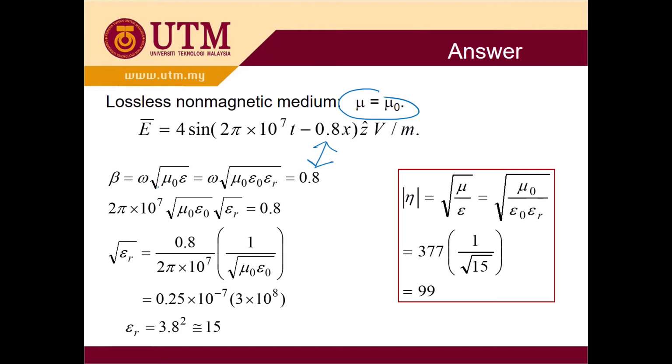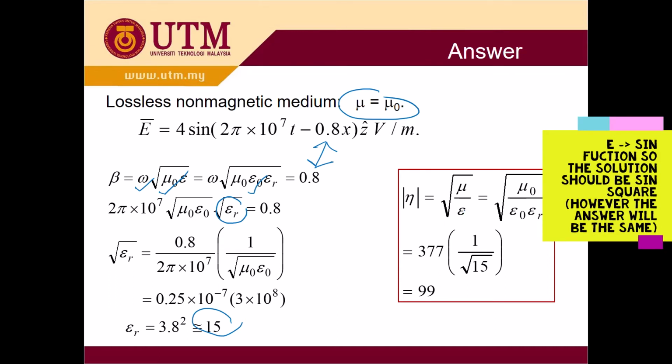We know omega, mu naught and epsilon naught, and from the calculator you can find epsilon r using this expression. Later on you obtain epsilon r of around 15. And the intrinsic impedance is equal to the square root of mu divided by epsilon, where mu equals mu naught and epsilon equals epsilon naught epsilon r, using the epsilon r that we calculated here. Then you get the intrinsic impedance equal to 99.